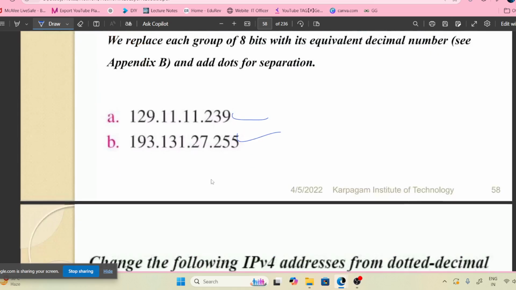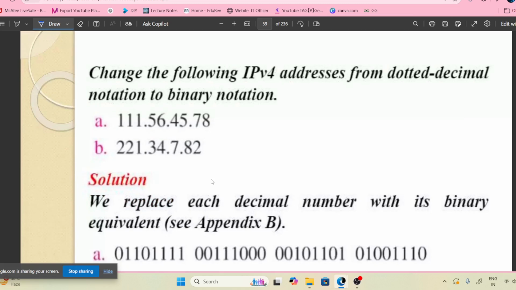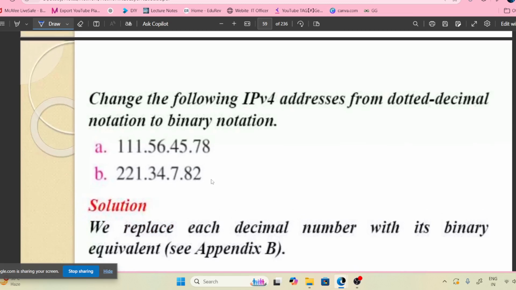Moving ahead. Now you need to expand this number in the form of binary. I will expand one number for you. Let's suppose I want to expand 111. Any number you can. So how can I write 111? We have the number 111.